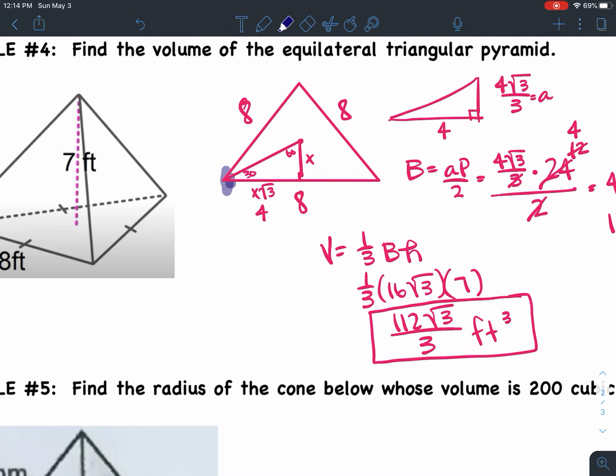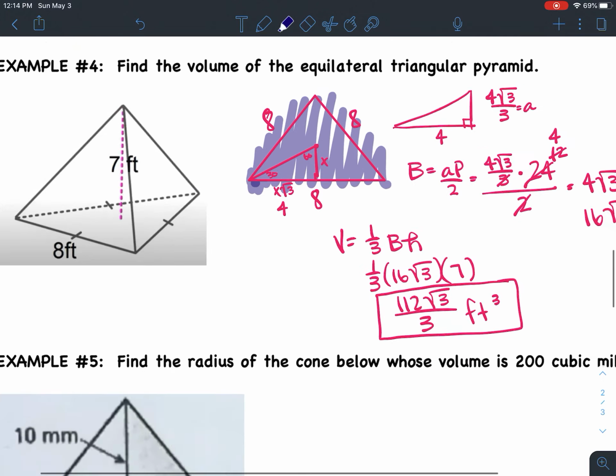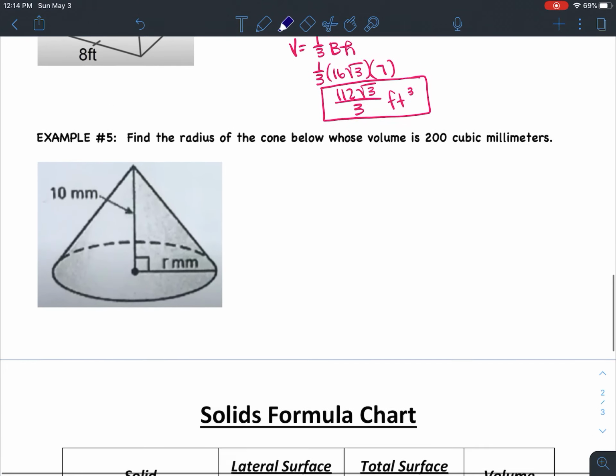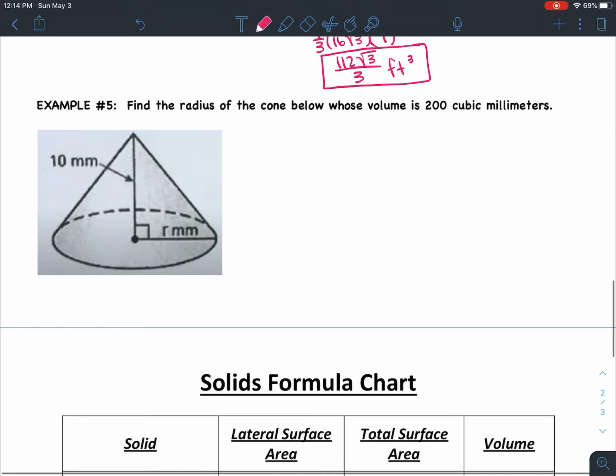Don't forget that area of that equilateral triangle with that AP over 2. And the last one, find the radius of the cone below whose volume is 200 cubic millimeters. So I'm going to look at my volume, 1/3 base times height.